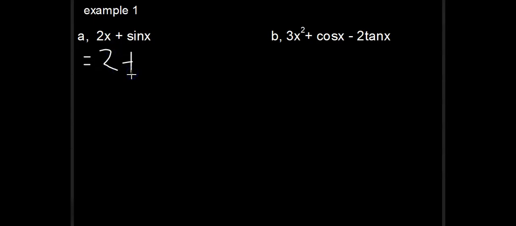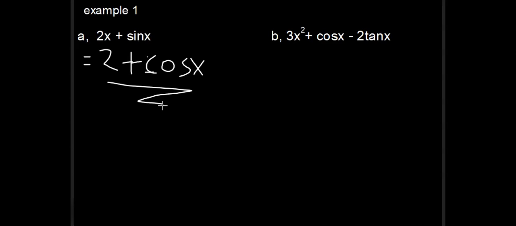And the derivative of sin x is all the time cos x. So my last answer will be 2 plus cos x. This is all you have to do to differentiate this function. As you can see, all you have to do is memorize or know those formulas and you're going to do it.